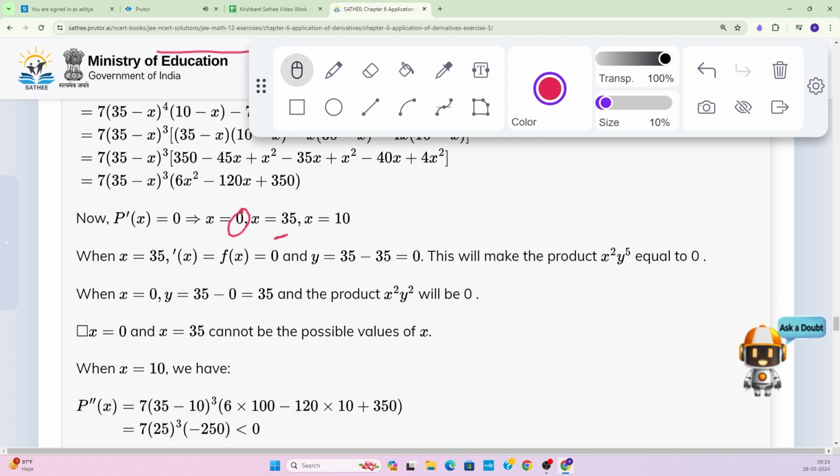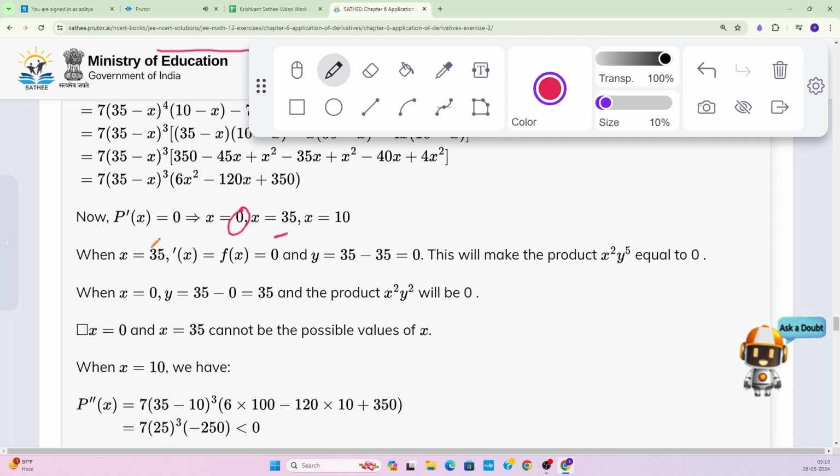So this means now what? If x equals 35, then your y will be 35 minus 35, which means y will be 0. This means the product is equal to 0. If x is 0, then also your product will be 0. The only one that works is x equals 10.